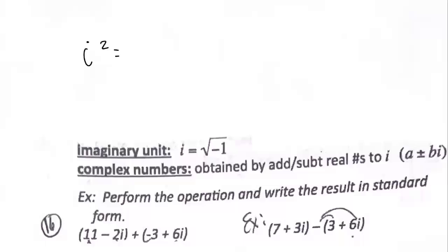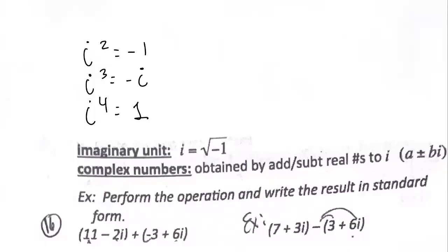So i squared is -1. i cubed is -i, because i squared is -1, so that means you're left with one i, so it's negative i. i to the fourth is +1. So every 4 is +1, every 2 is -1, and every 3 is negative i.